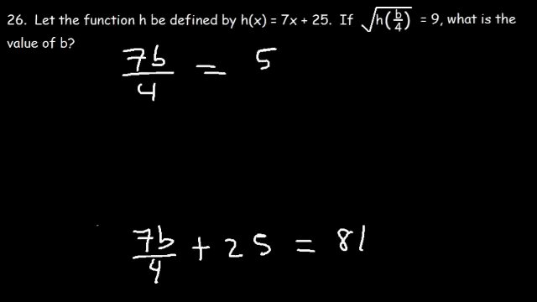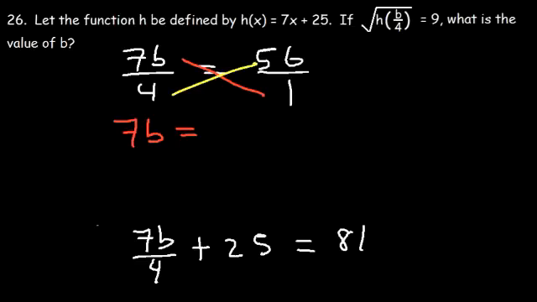And yes, it's 56. So now we can cross multiply. Whenever you have two fractions separated by an equal sign, you can cross multiply. 7b times 1 is 7b, and 56 times 4, that should be 224. So now let's divide both sides by 7.